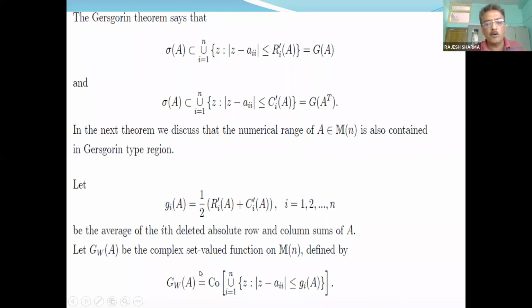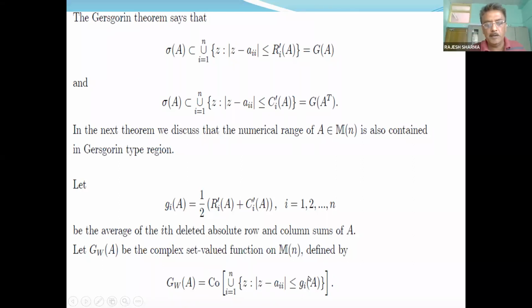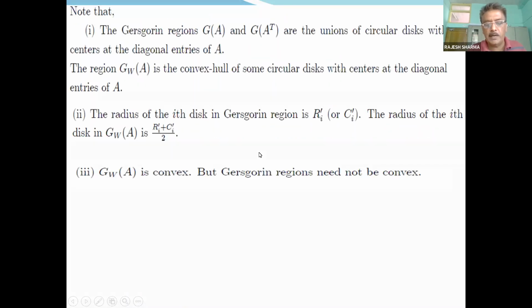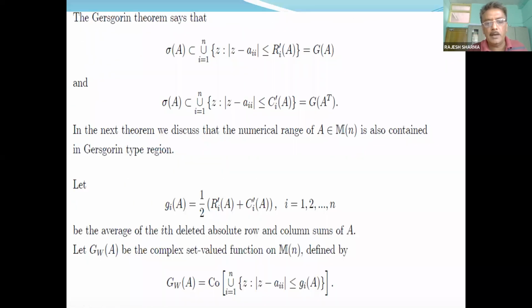This is the convex hull of the union of all the disks centered at a_ii and radius G_i(A). Now note that in the Gershgorin disk theorem, the center is a_ii. Also here the center is a_ii, but the radius is G_i(A), that is the average of R_i'(A) and C_i'(A).